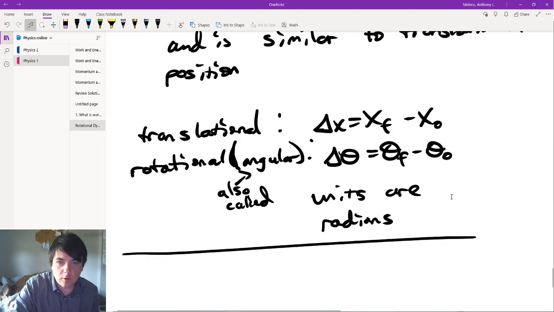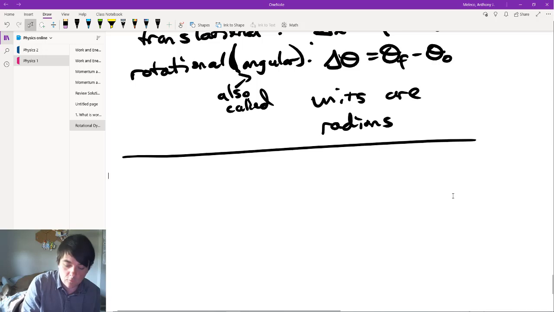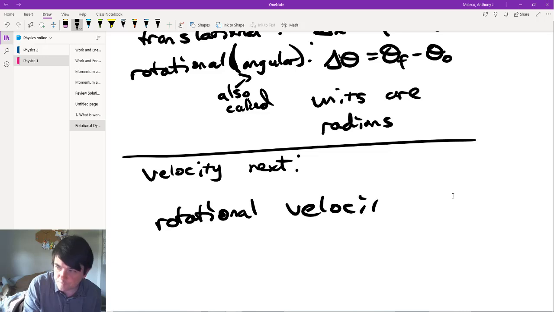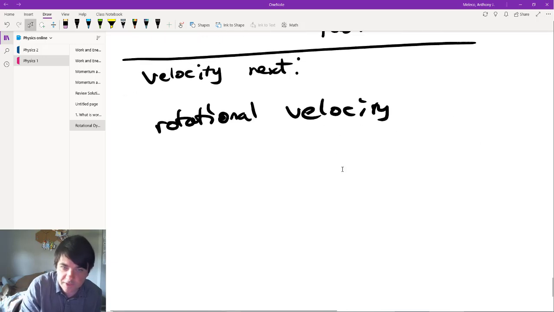Okay, so we've covered position. Let's do velocity next. I've been calling everything rotational, so let's do that. Rotational velocity, also called angular velocity, is going to be the change in position over change in time.